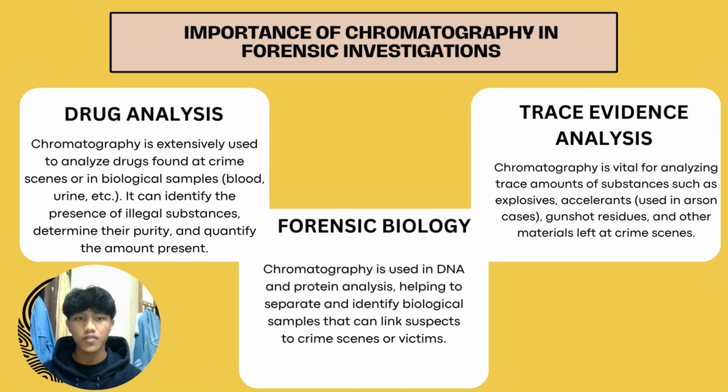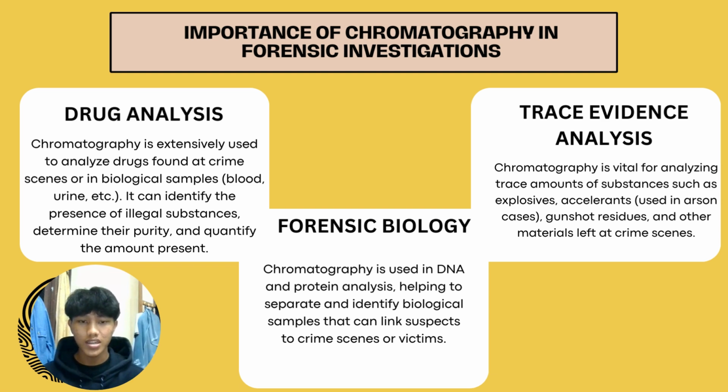Here is the importance of chromatography in forensic investigations. First, drug analysis. Chromatography is extensively used to analyze drugs found at crime scenes or in biological samples, such as blood and urine. It can identify the presence of illegal substances, determine their purity, and quantify the amount present. Second, forensic biology.